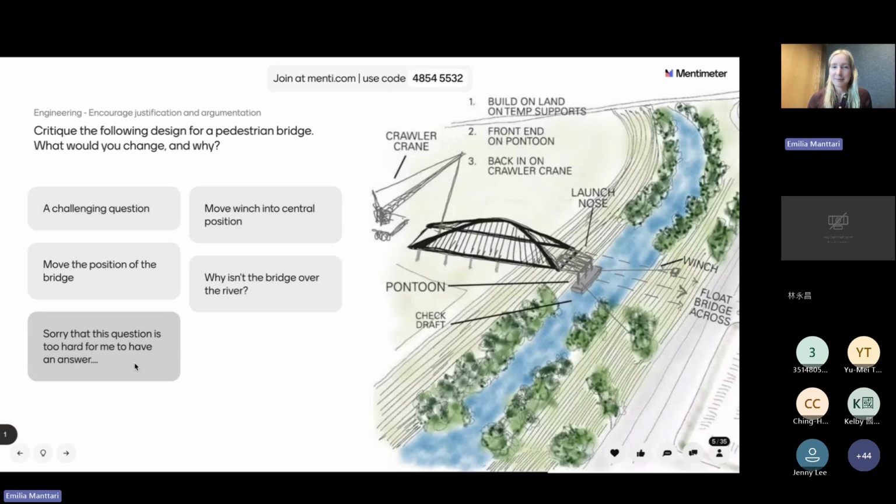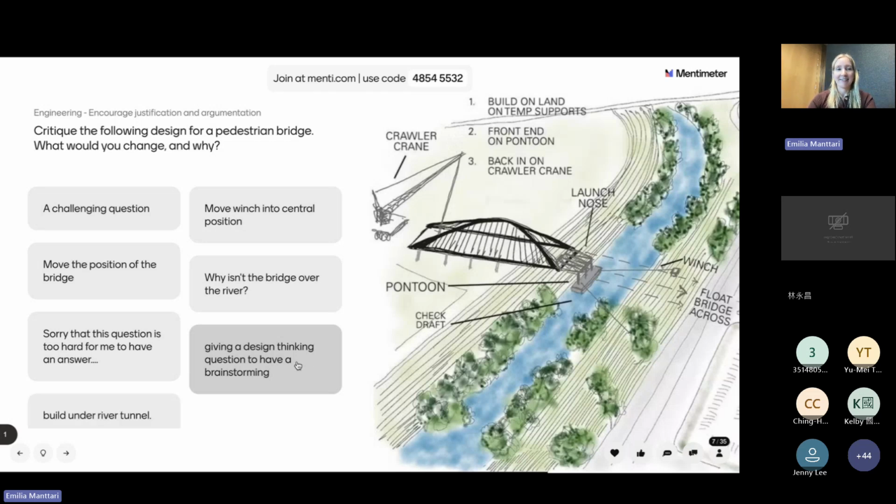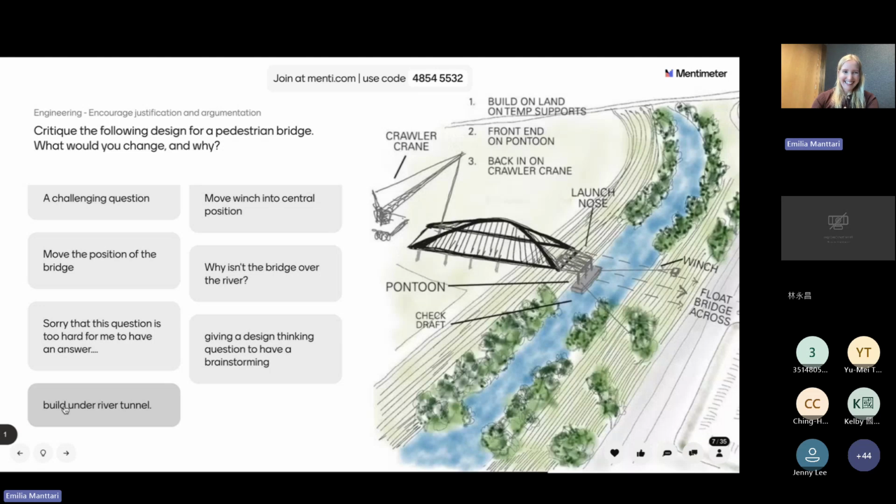I probably would not be able to answer this question either. It's just an example. So then, yeah, okay, perfect. We have one kind of application of this as well. So giving a design thinking question to have a brainstorming exercise. That's really great. Exactly. So that's something that you could do at this level as well. Oh, I love that. Built under river tunnel. Brilliant.